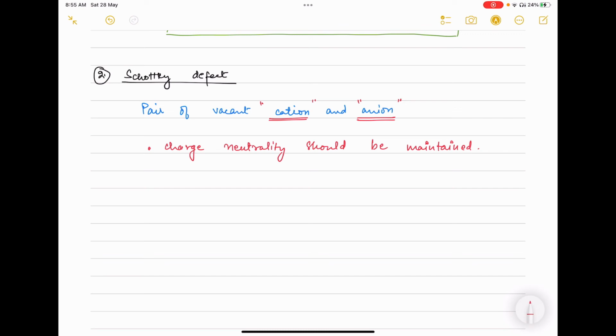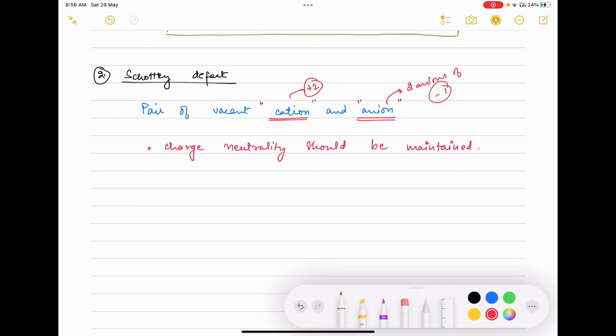So if a cation of +2 charge is missing and the anion has a -1 charge, then two anions of -1 charge should go missing. So the missing charges of both positive and negative should always be equal.